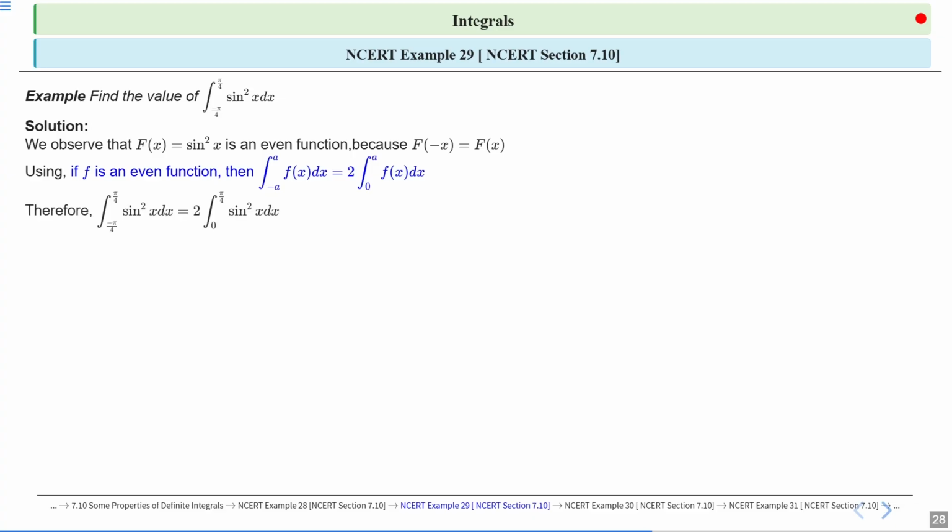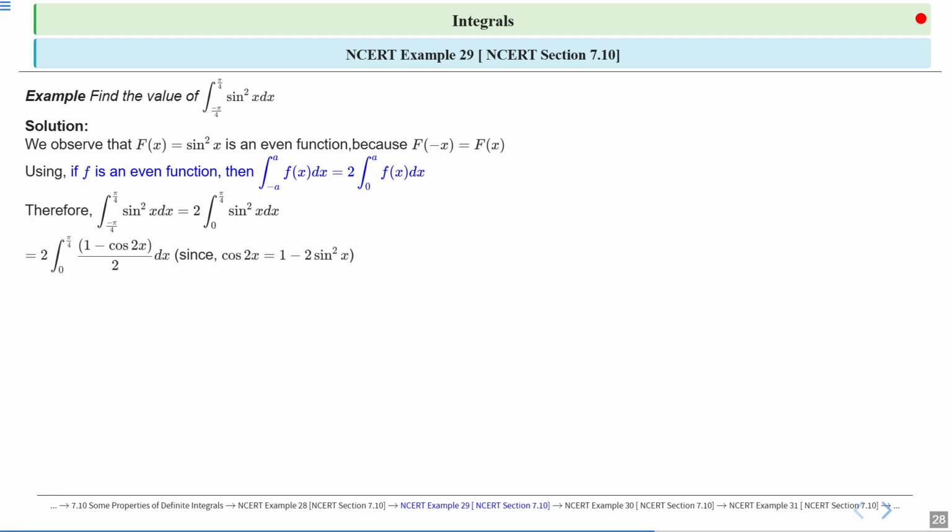So to integrate sine square x dx from minus pi by 4 to pi by 4, as sine square x is an even function, we don't need to integrate from minus pi by 4 to pi by 4. Just find the value of the definite integral from 0 to pi by 4 and multiply by 2 to get the value from minus pi by 4 to pi by 4.